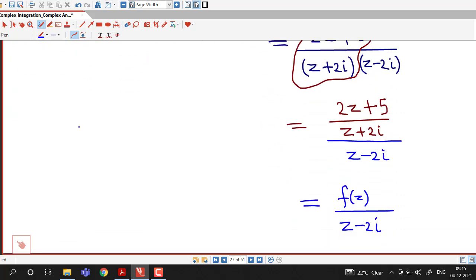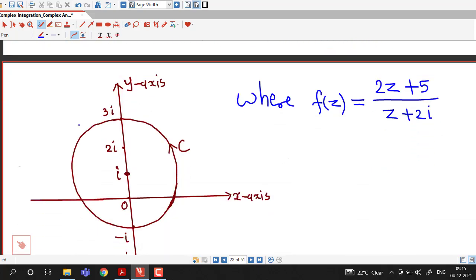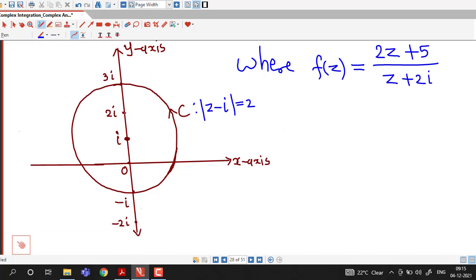We can understand this with a rough sketch of the circle. I have sketched this circle roughly, a circle with center i and radius 2. We can see that 2i is inside this circle and −2i is outside that circle.